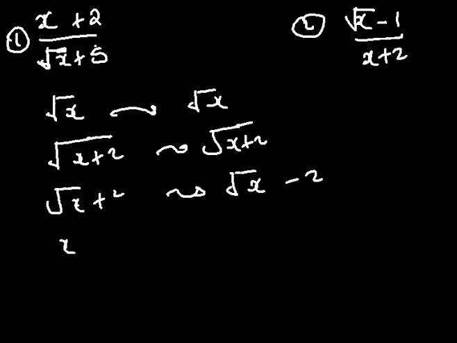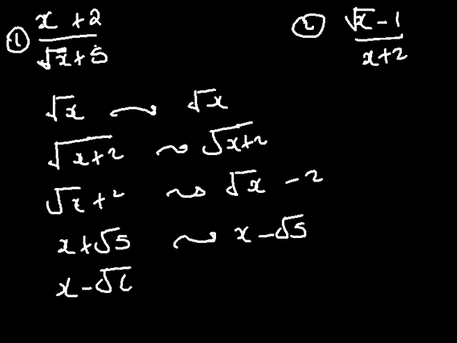And if we have x plus the square root of 5, the conjugate of this one is given as x minus the square root of 5. And we have x minus the square root of 6x. The conjugate of this one is given as x plus the square root of 6x.